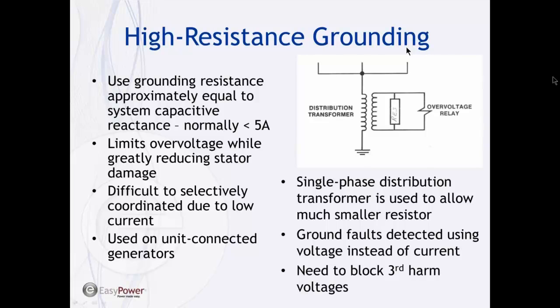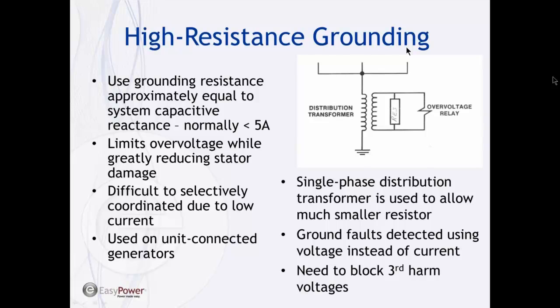But we have so little current, say we have 4 or 5 amps of fault current, it's very difficult to use a normal overcurrent relay to detect that. So what we do is we use a voltage. The normal scheme here is we're going to ground this through some type of, usually just a single phase distribution transformer.